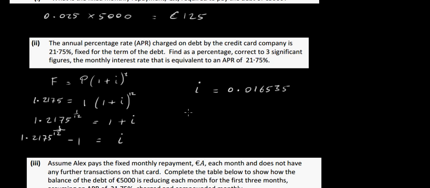Our monthly rate will be 1.65 to 3 significant figures. Here's 1, 2, 3 significant figures. Because this is a 3 after the red line, we just leave this 5 as 5. So it's 1.65%. This is our monthly rate.